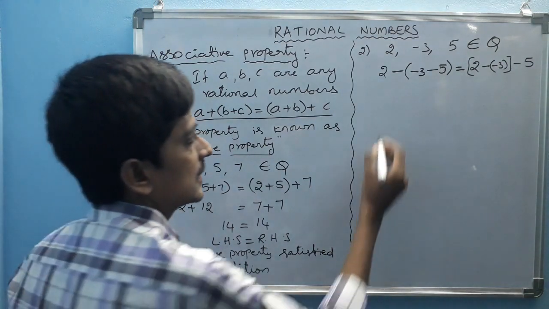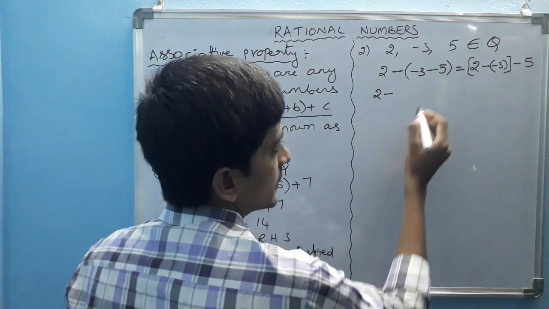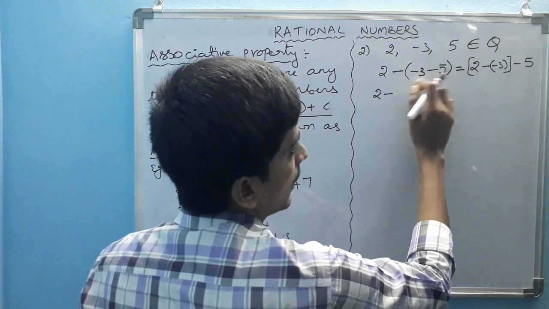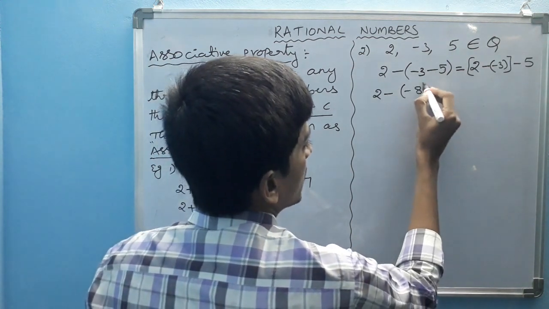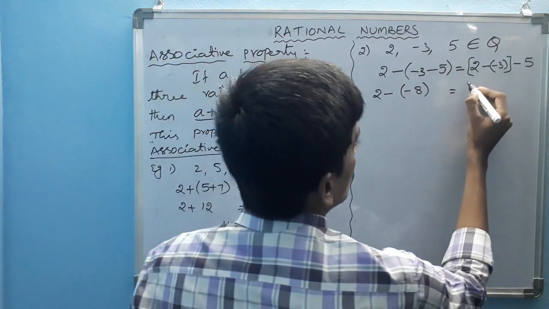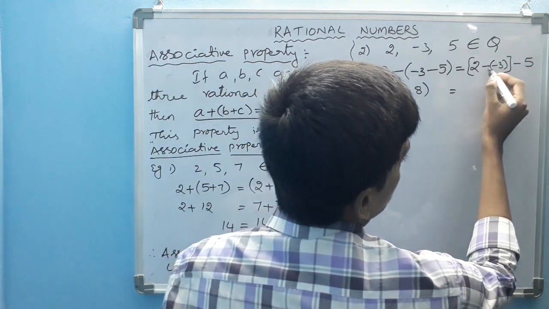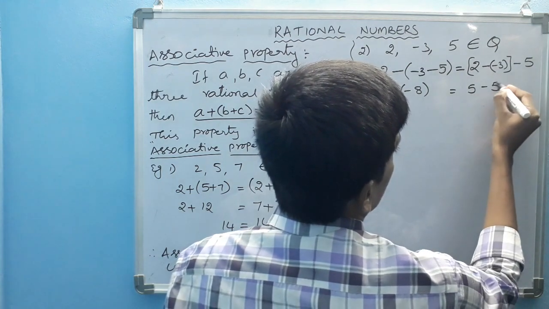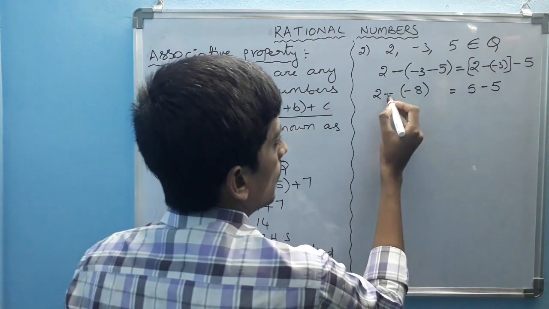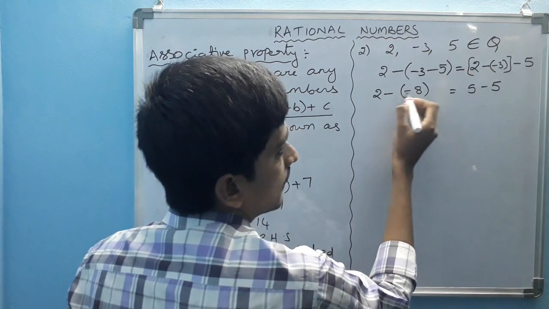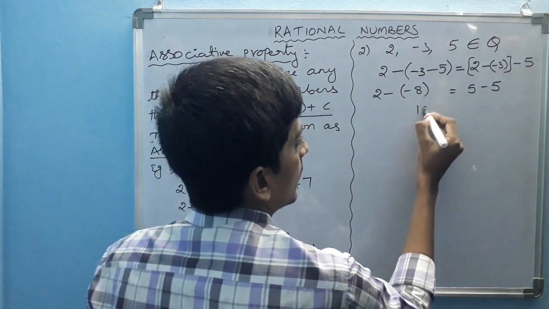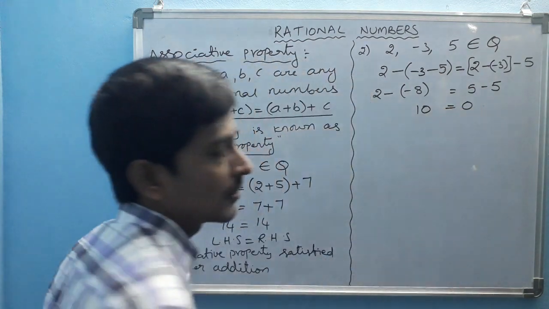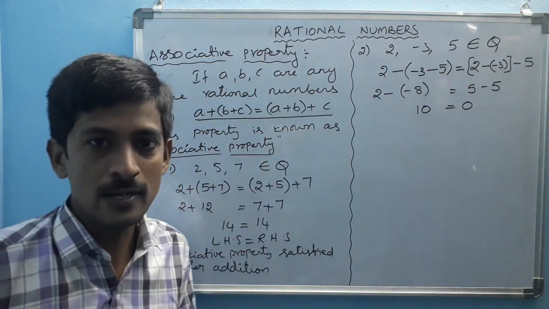First, minus 3 minus 5, both are negative, so add the two numbers: minus 8. So the right side is 2 minus of minus 8, which is 2 plus 8, 10. The left side is 2 plus 3, 5, minus 5, equals 0. So 10 equals 0, is it possible?